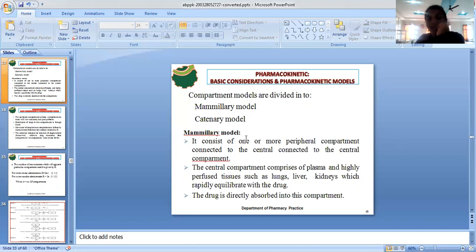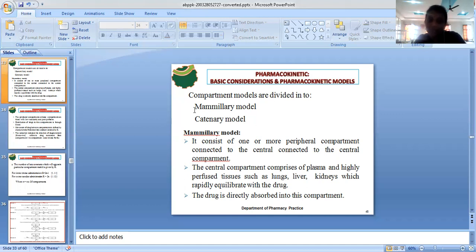In the assumption itself, the first assumption is that the compartment model is composed of a number of compartments, either arranged in series or parallel to each other. Depending upon the arrangement, whether in series or in parallel, compartment models can be further classified into the mammillary model and the catenary model.